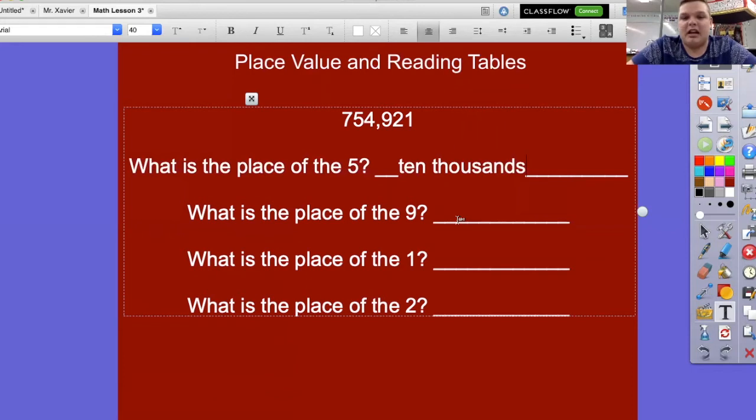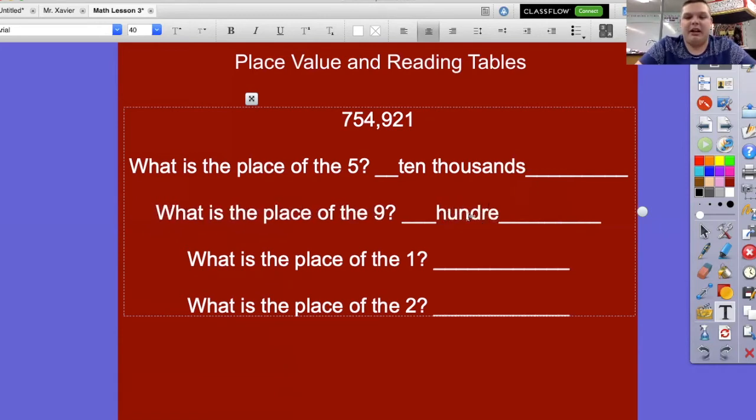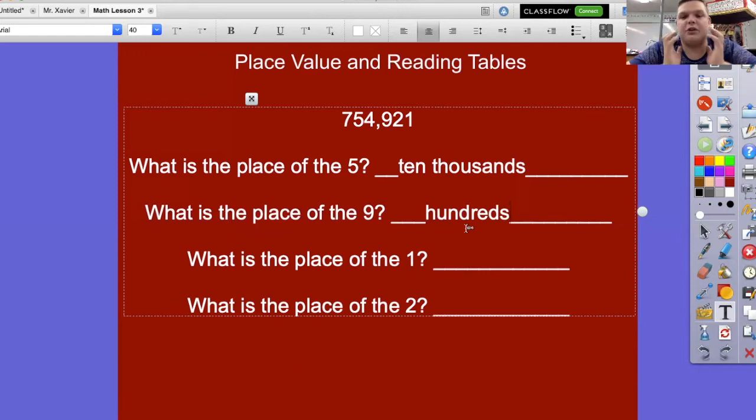What is the place of the 9? The 9 is in the first regular bracket. So I just have to count from the way over. 1, 10s, hundreds. The 9 is in the hundreds spot. What place is the 1? The 1 is in that first regular bracket, and it's in the ones place.